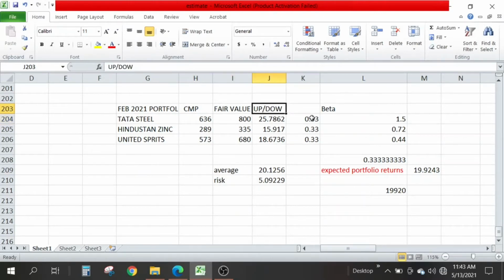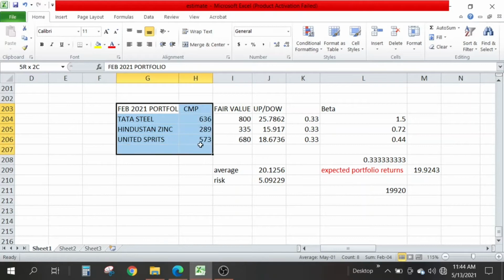and we need to calculate upside and downside. And here we need the full portfolio beta in terms of 1, and we need beta related to markets or related to the index. So here we copy down.